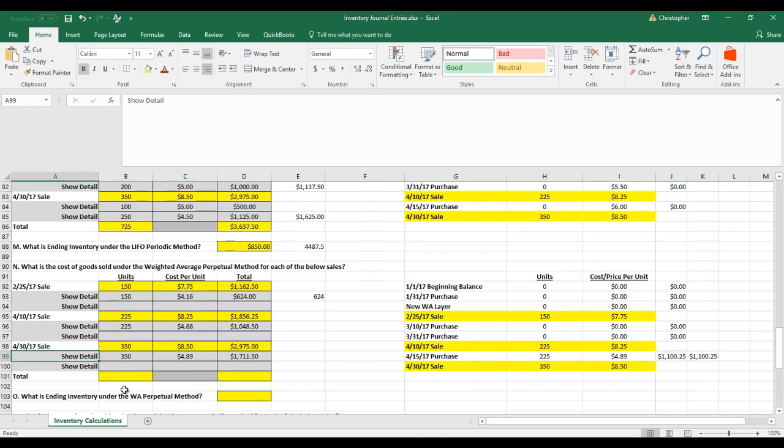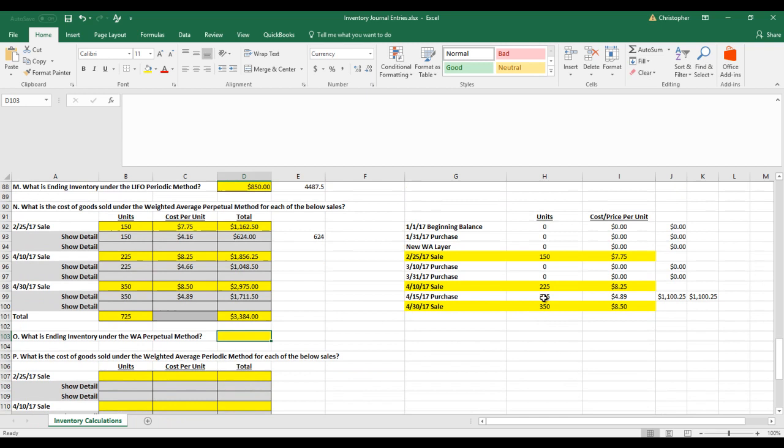So let's take a look at the units sold and the cost for each of those units. So we end up with $33.84 as far as cost. Now the ending inventory, we have 225 units at $489, which gives us $1,125.